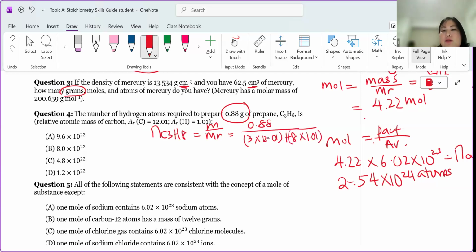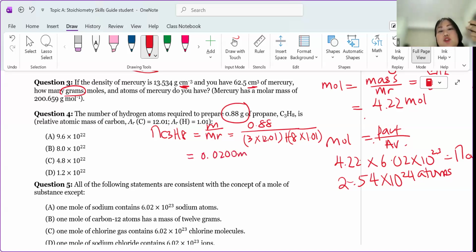A question that you may have is, can I use just 12 and 1? You cannot use just 12 and 1. You must use the value in the data booklet. The value in the data booklet is 12.01. So with that, you will be able to get about 0.02 moles.